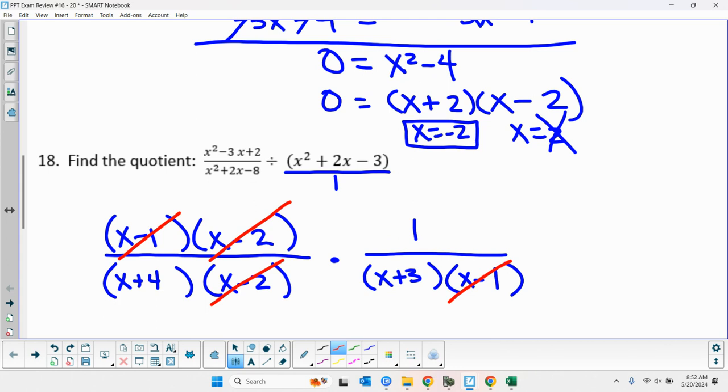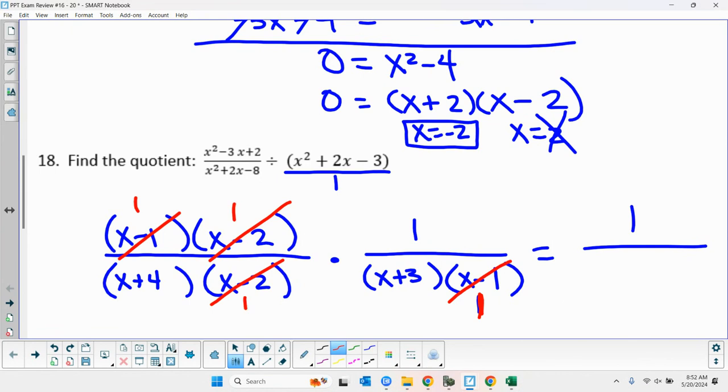All right, so what's left in the top? Anything? Or is it 0? 1, thank you, Sabrina. 1 is left in the top. If everything cancels, remember it's a 1. Each time I cancel common factors, those make 1s.